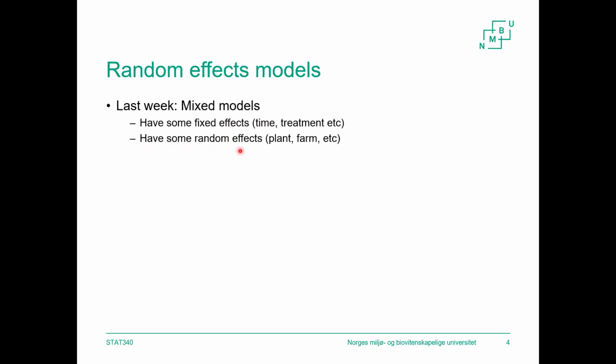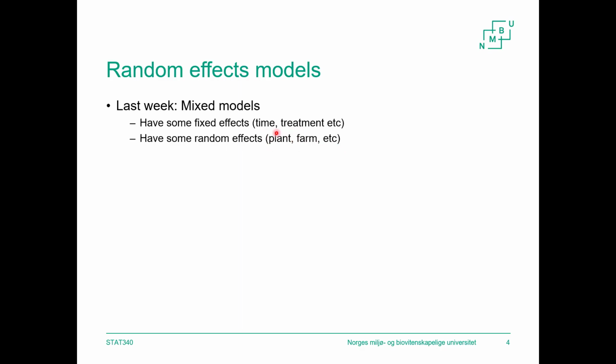In addition, we also have the random effects. And we saw that last week. We had these plants where we measured the root growth or the height of the plant itself. And we saw some other example where the experimental unit was a farm instead of a plant, right? And this could be a person or a location of some kind, right? The point is that you do repeated measurements on these units.